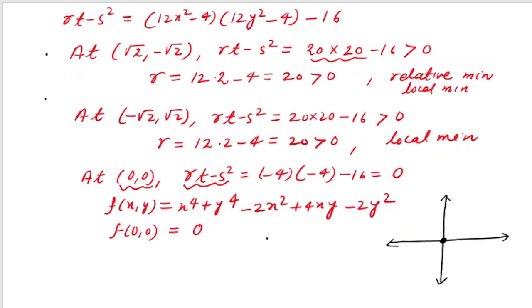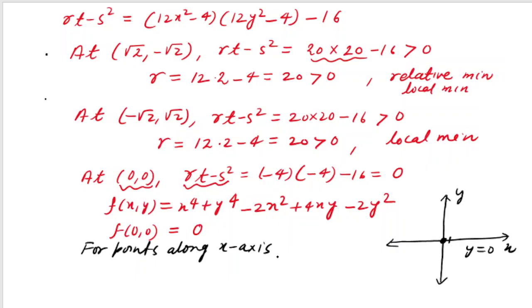Now what I do, I move along the x-axis. Suppose I say this is the x-axis and this is the y-axis. So in the neighborhood of the point 0 comma 0, when I am moving along the x-axis, for points along the x-axis, one thing is clear: if you move along the x-axis, y is equal to 0.